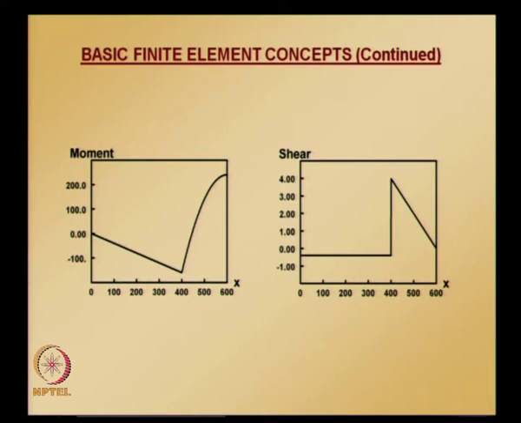For x going from 0 to 400, that solution is obtained from element 1, and for x going from 400 to 600, that solution is obtained from element 2. So, combining these two element solutions, we get the complete moment diagram for the half model, and the other half of the continuous beam will have a similar kind of variation of moment.